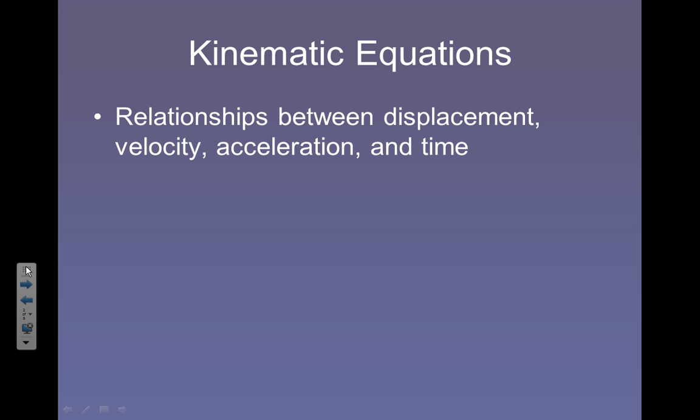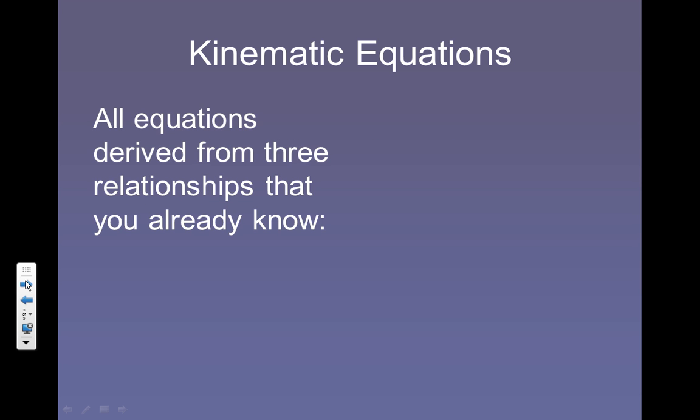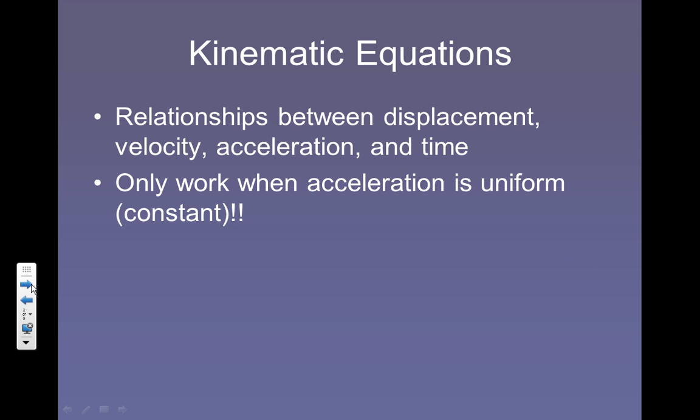But they are only valid when the acceleration that that object experiences is a uniform or a constant acceleration. Sometimes that acceleration could be zero. That could be a constant acceleration.